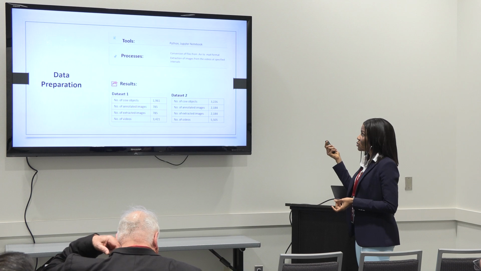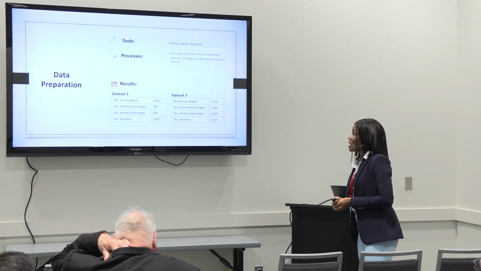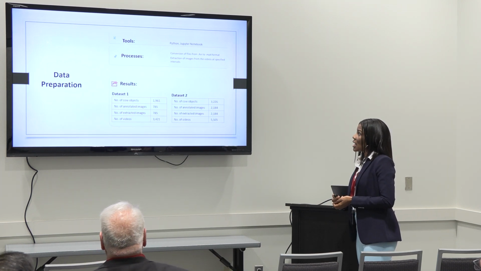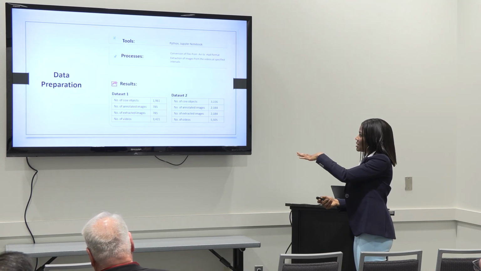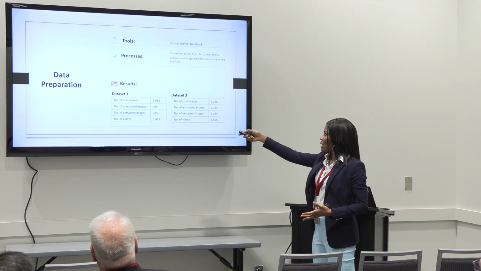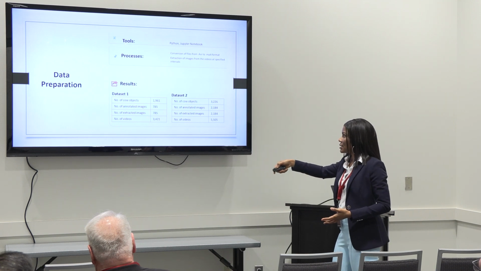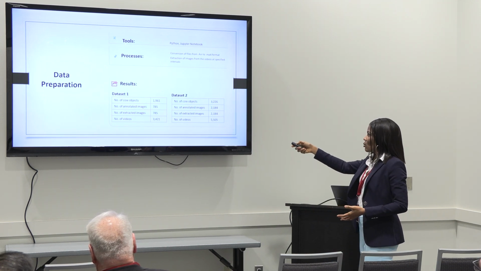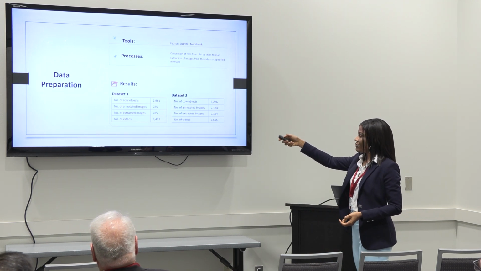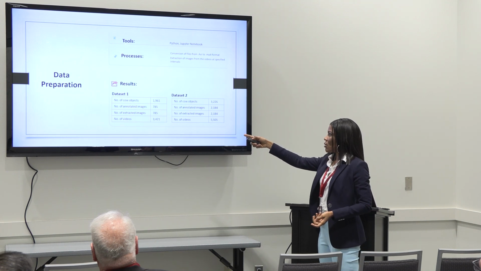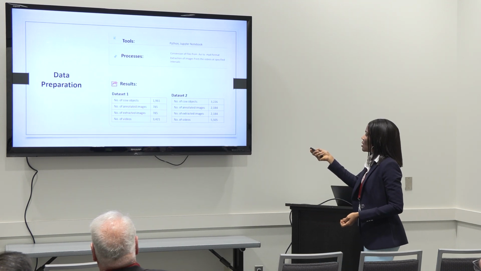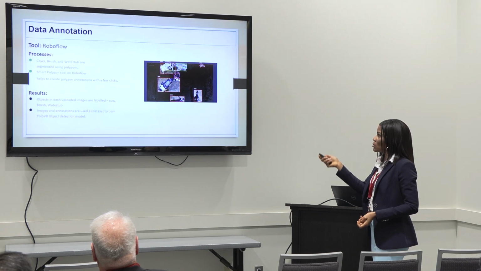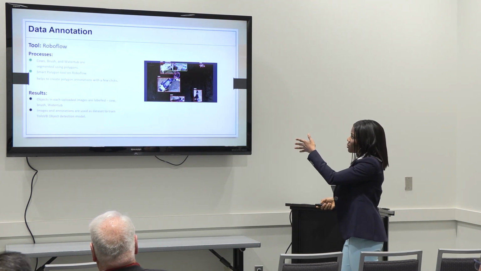We use some tools like Python and Jupyter Notebook, and we already talked about conversion of the files, and these are just specifics about the data sets that we collected. For dataset 1, we had 3,400 videos, and for dataset 2, we had 5,500 plus videos.